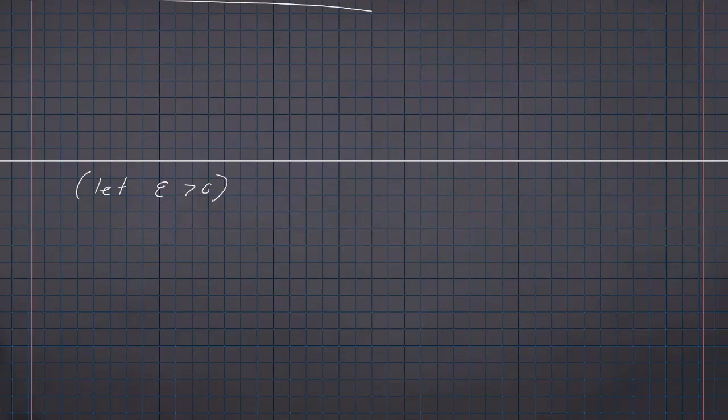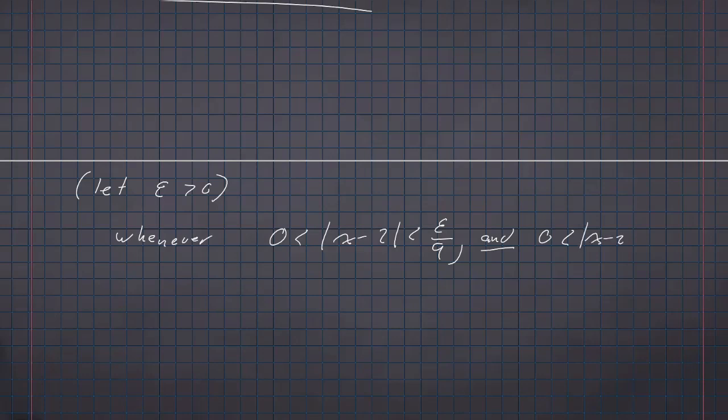So after the statement, let epsilon be greater than 0, we say whenever 0 is less than absolute value of x minus 2 is less than epsilon over 9, and 0 is less than absolute value of x minus 2 is less than 1.